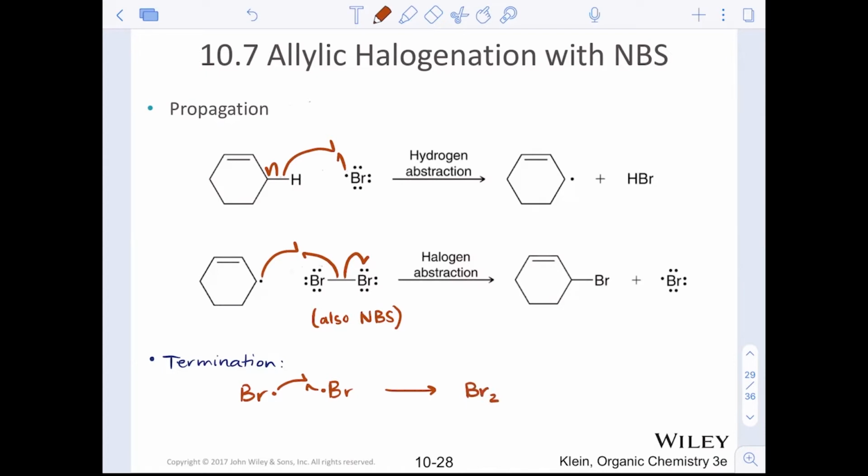So that's why we do see that Br2 can be used in the propagation step. You could also use NBS. It's just a little bit more complicated to draw. So feel free to use either one in the halogen abstraction propagation step. And again, any termination step can be drawn. I'm choosing the simplest ones to draw to keep things a little bit lighter.